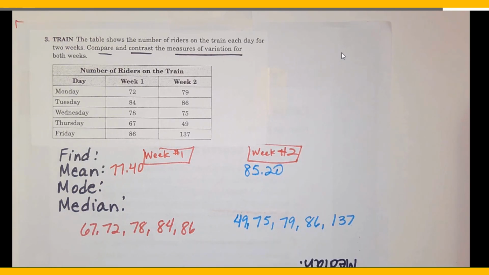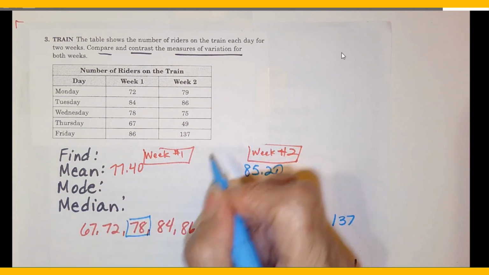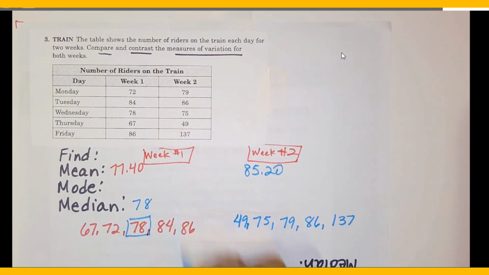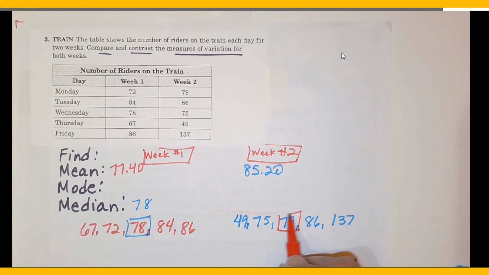That was easy. Let's look at the median. This is easy because we have an odd number. And remember I told you when you have an odd number, after you've put them in order, it's that middle number. So my median for this first week is going to be 78. The median for this week is right in the middle here, is going to be 79.